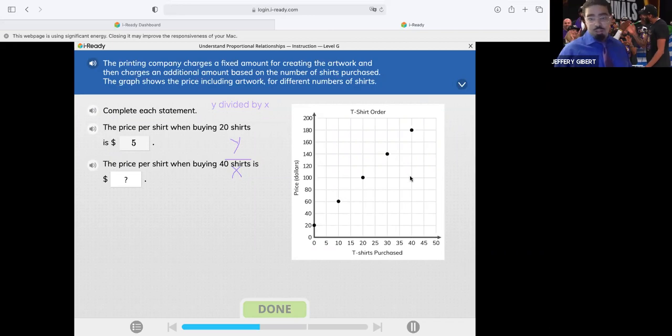No, not 40 divided by 10. It's 180 divided by 40.